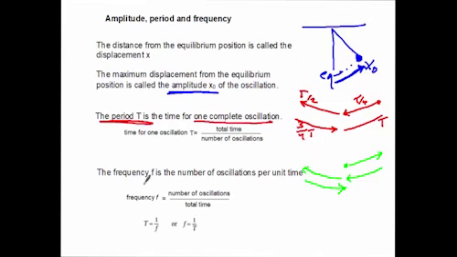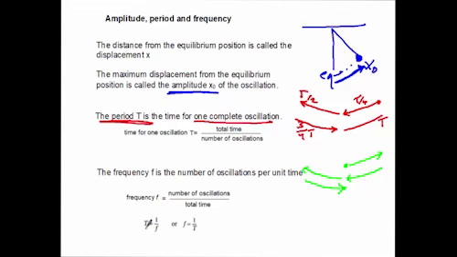The frequency f is the number of oscillations per unit time. So we have to divide the number of oscillations over the total time. This will give us the number of oscillations per unit time. We can see here that the time period is the reciprocal of the frequency.